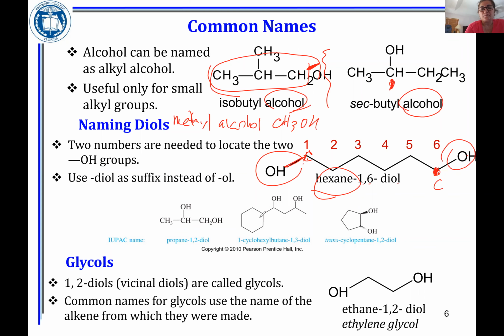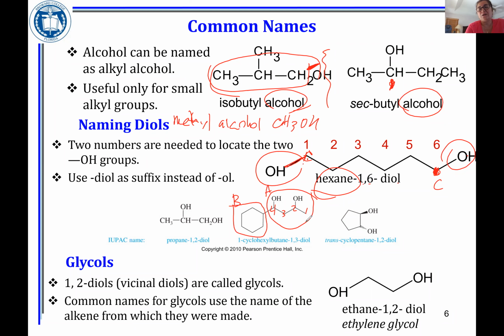Here you have 6 carbons in this cyclic system. You have 1, 2, 3, 4 carbons here. First of all, which one is the major part of the molecule? The part that contains the OH or the part that contains more carbon?